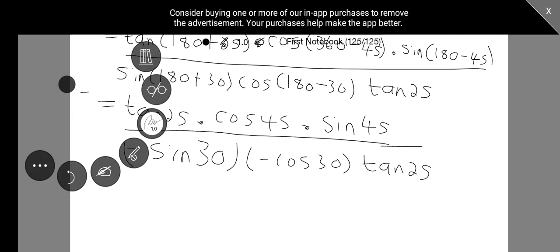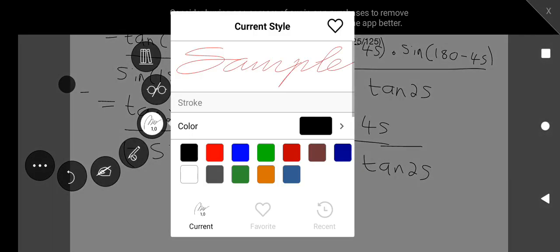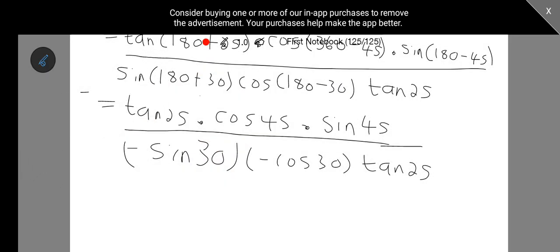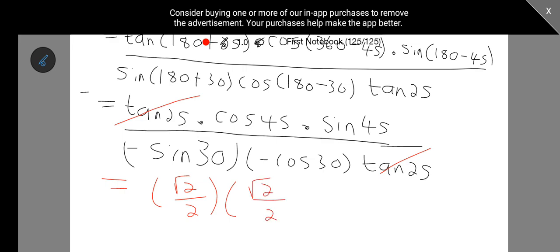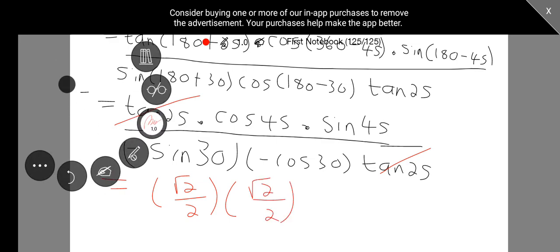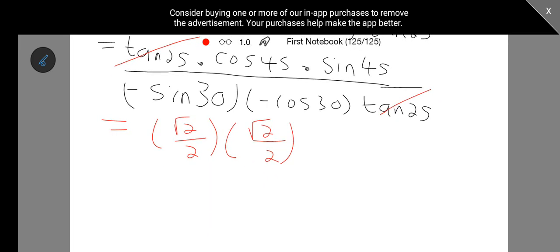So something important which you must be able to do here is that tan 25 is going to cancel tan 25. And now we want to know what is cosine of 45. If you use a special angle, cos 45 is given as root 2 over 2. And then sine 45 is also root 2 over 2. And then we go to sine 30. Sine 30 is given as, it's sine of negative 30.